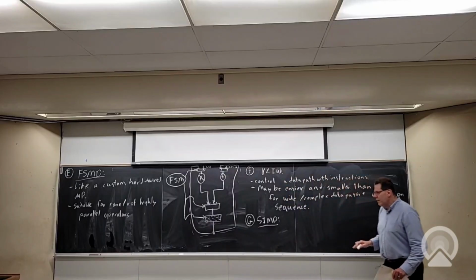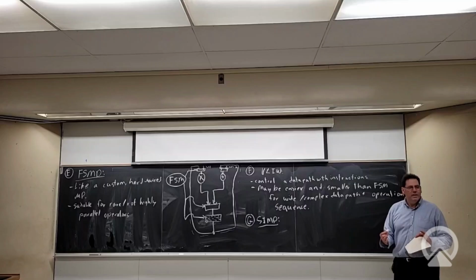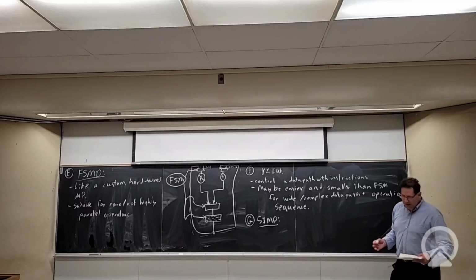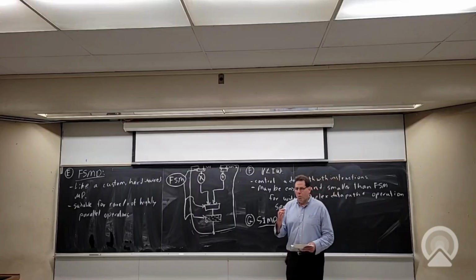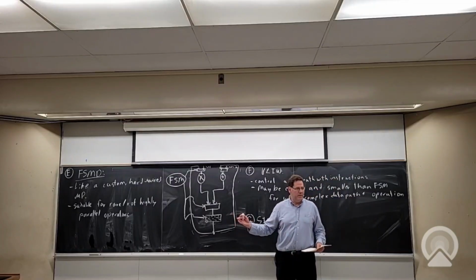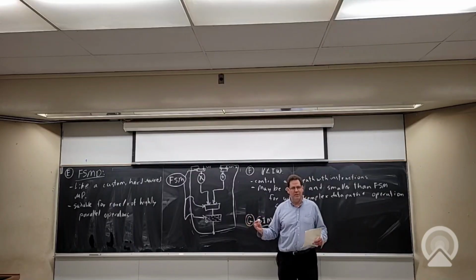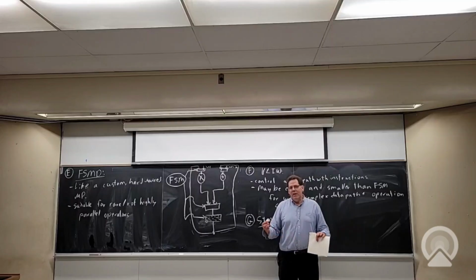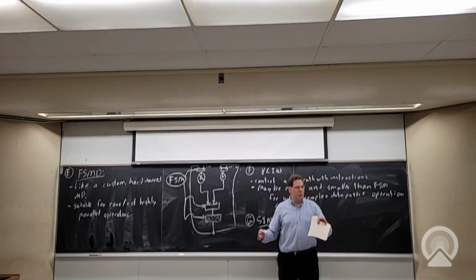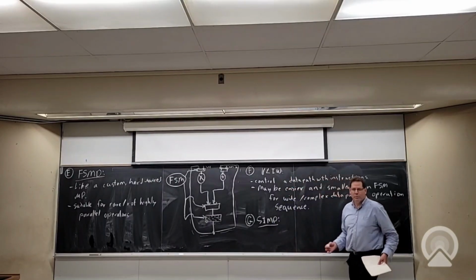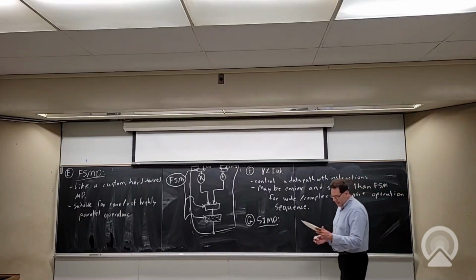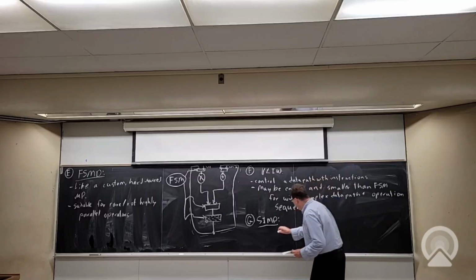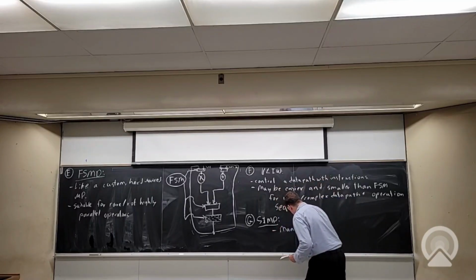With SIMD, my instruction is actually pretty compact again, because I just have one instruction saying what to do, but I'm going to do that not on one piece of data, but on a whole bunch of pieces of data. So sometimes SIMD processors are called vector processors, because instead of working on, like, add 2 numbers, you'll say add these 8 numbers with these 8 numbers. And you can think of that as 2 8-element vectors, right? So those terms are used somewhat interchangeably. Okay, so it's many parallel execution units.